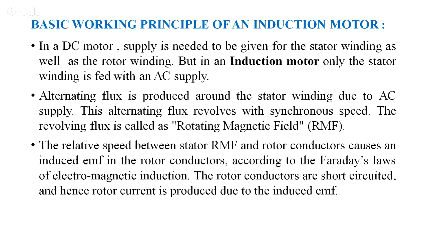The first law states that whenever a current carrying conductor is cut by the flux, an EMF is going to be induced in it. The rotor conductors are short-circuited and hence rotor current is produced due to this induced EMF.